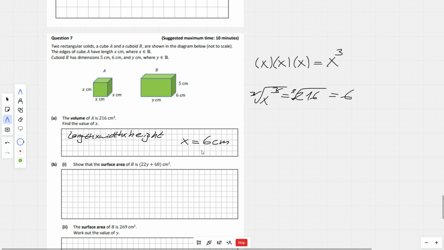Now, for part B, part 1, we have to show that the surface area of B is 22y plus 60 centimeters squared. So here we're looking at the surface area. What I'm going to do is find the area of this, the area of this, and the area of this.